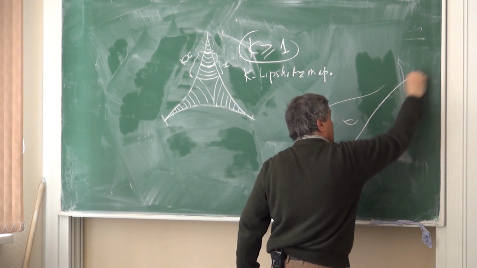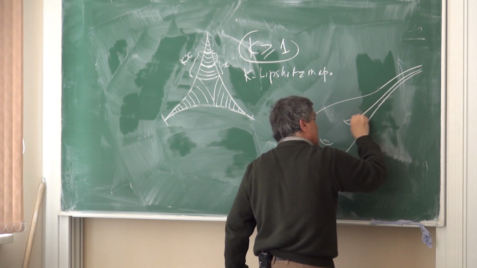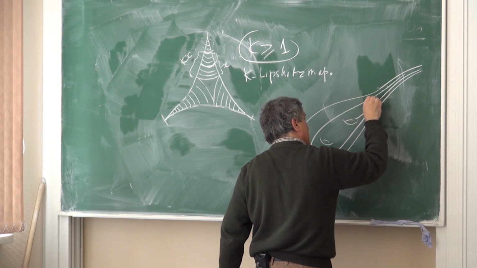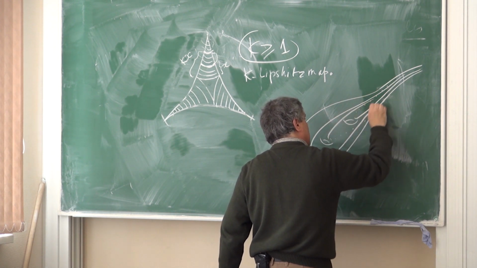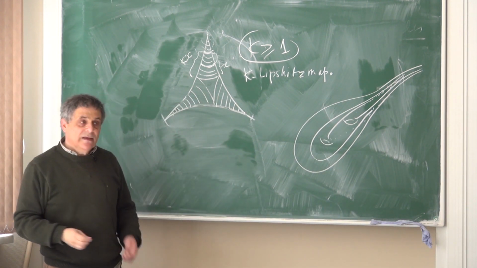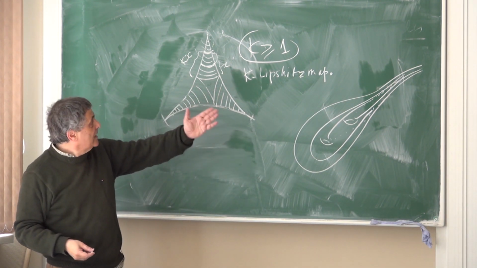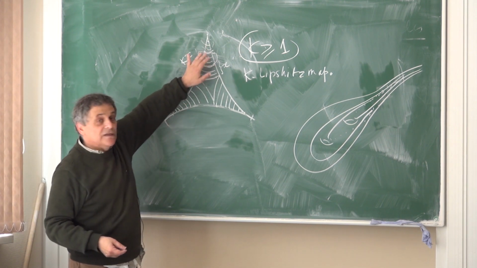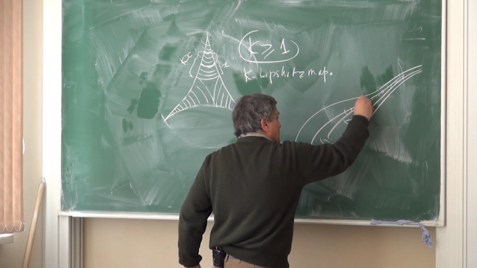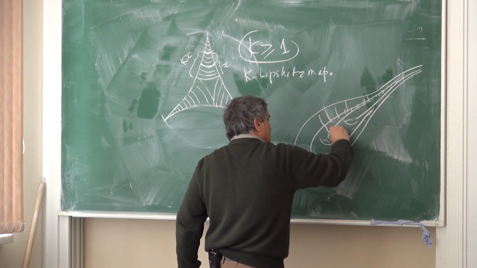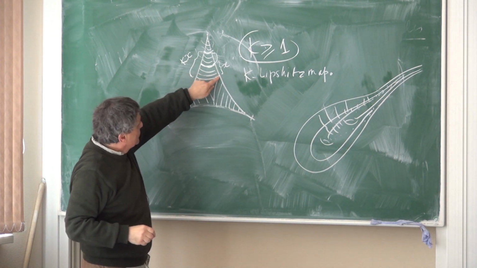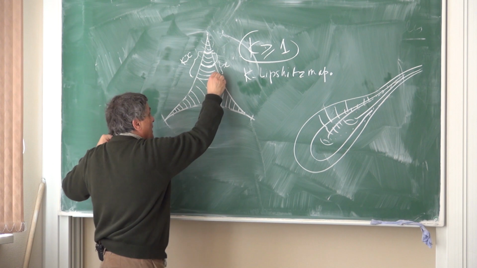But suppose that your surface is decomposed by pieces of geodesics like this into ideal triangles, right? Each of these ideal triangles is equipped with its horocyclic foliation, right? So I get a kind of foliation here on my surface. You notice that this horocyclic foliation, as we mentioned, is perpendicular to the boundary.